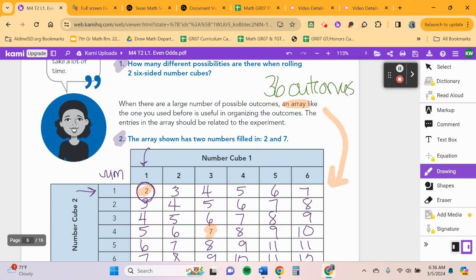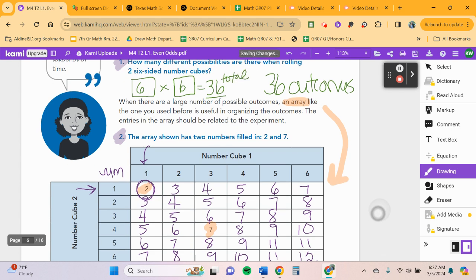And also a quick way to get that is by multiplying the number of outcomes on each cube. So if one dice has a total of 6 outcomes and another dice has a total of 6 outcomes, I can multiply that to determine my total number of outcomes.